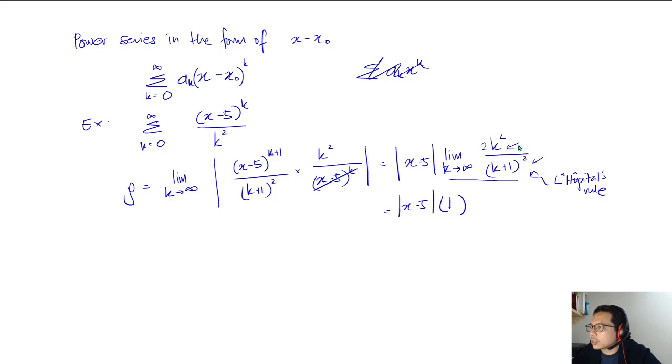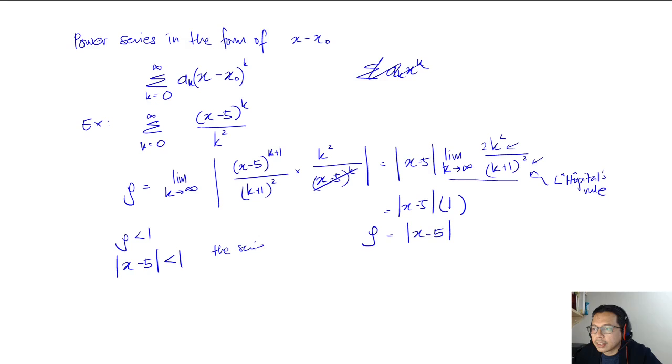You apply L'Hopital's rule for numerator and denominator, you will get 1. This is interesting. So my answer will be absolute value of x minus 5. So rho here is absolute value of x minus 5. Because when rho less than 1 it is converging, we can say now that when the absolute value of x minus 5 is less than 1, then the series converges.